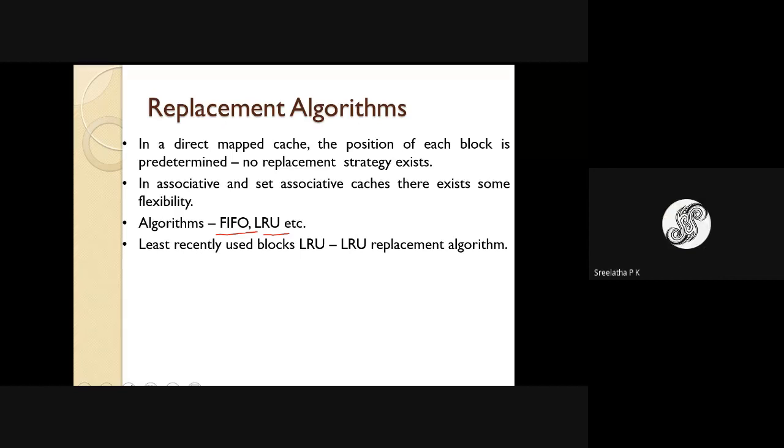Yes, there is a demonstration of how the working takes place. Suppose in the cache memory I place some data, and I want to place a new block. Where will it be placed in FIFO? Whichever has come first will be replaced by the new one.